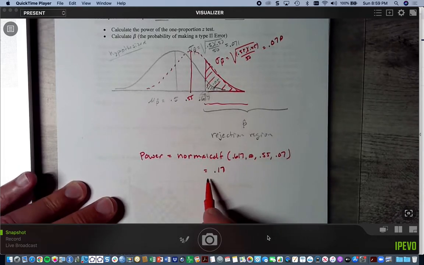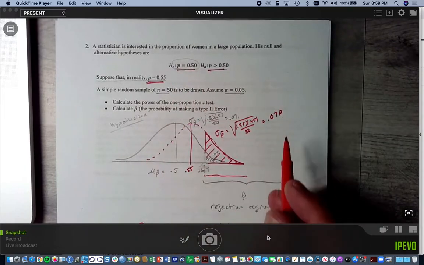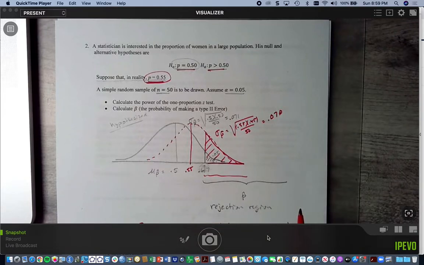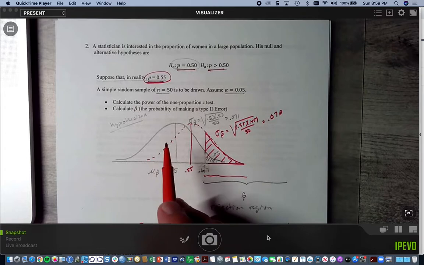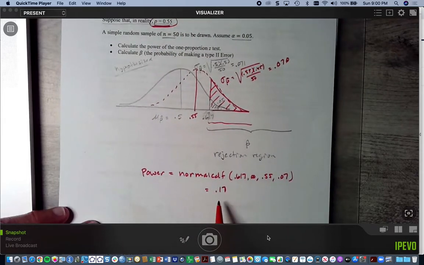Okay, so what does this mean? This means that if we ran this test, and in reality the alternative is true, that the proportion of women is really 55%, the likelihood that we're going to make the right decision, that is to reject the null, is only 17%.